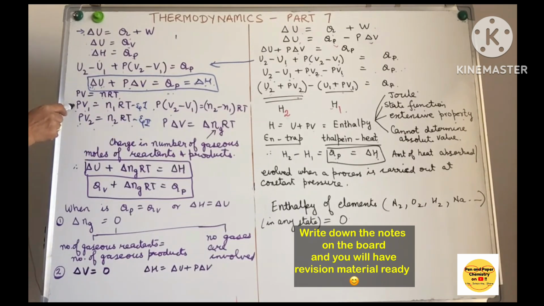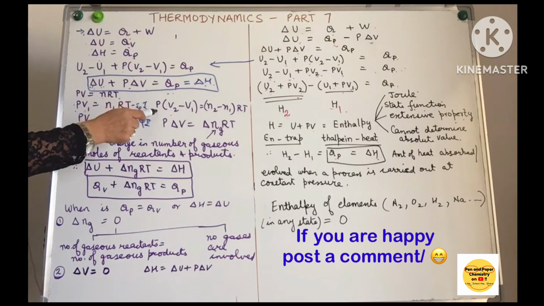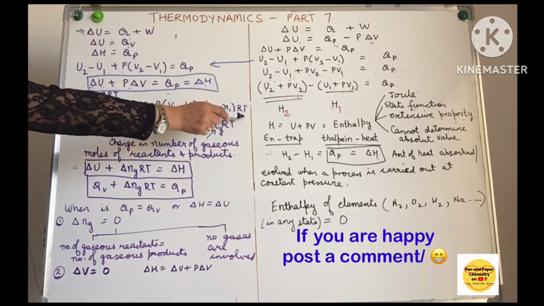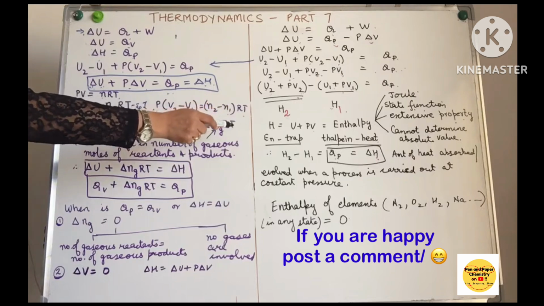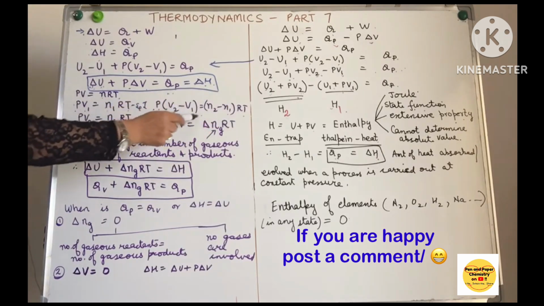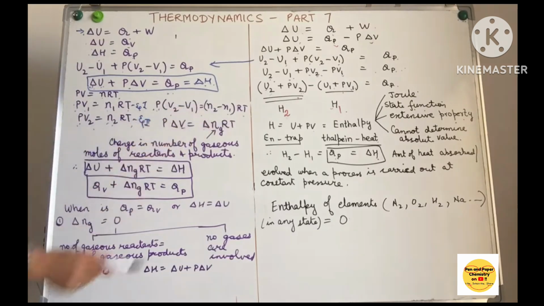PV2 minus PV1 is equal to n2 RT minus n1 RT, which brings us down to P(V2 minus V1) is (n2 minus n1) RT. Isothermal process at constant pressure. P delta V is delta n RT.